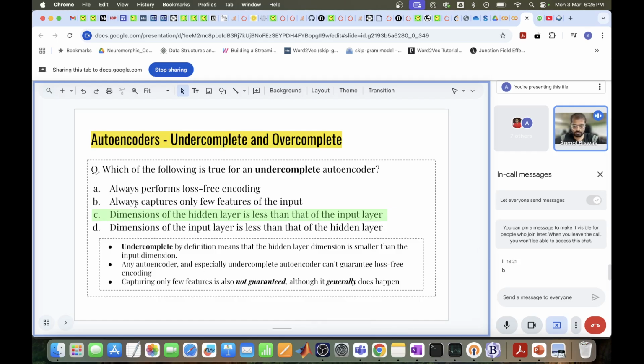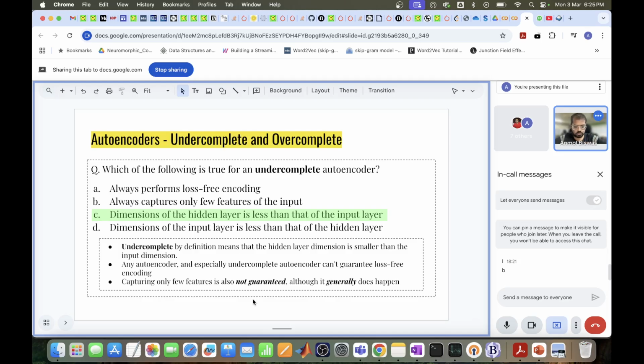So like I said, absolute statements like A and B will generally not be true when you're talking about deep learning approaches, especially the outcomes of deep learning approaches, right? Capturing only few features is not guaranteed, though it generally happens.